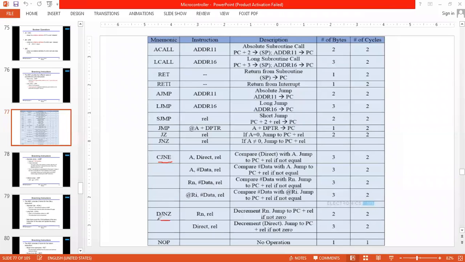DJNZ, decrement first and jump if it is not 0. Decrement Rn and jump to PC plus relative address if the value of Rn is not 0. Decrement the value inside the address and jump to a relative address if it is not 0. Is it understood?